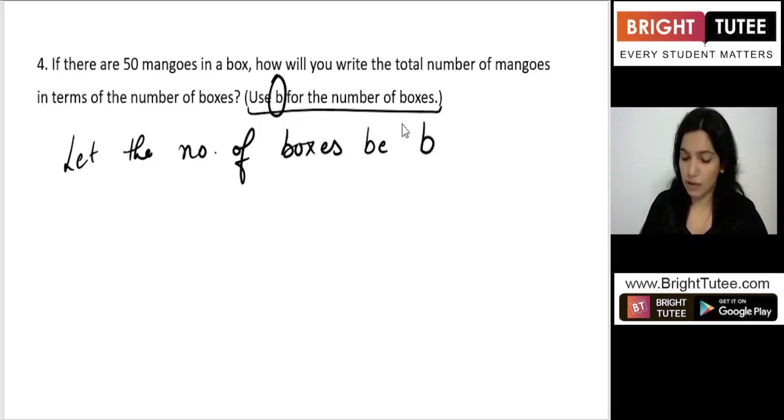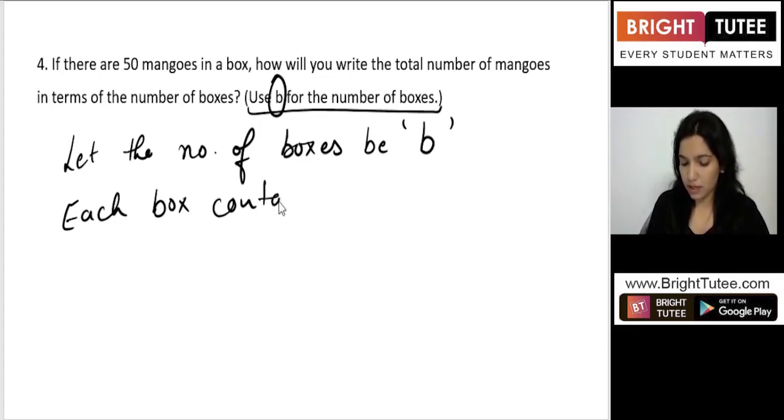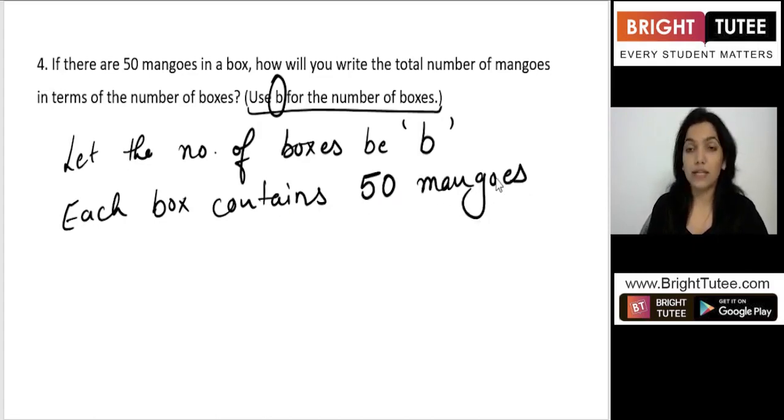So we have chosen B as the variable. Now they are saying that in every box, how many mangoes are there? Each box contains 50 mangoes. Right. So the number of mangoes in each box is 50.